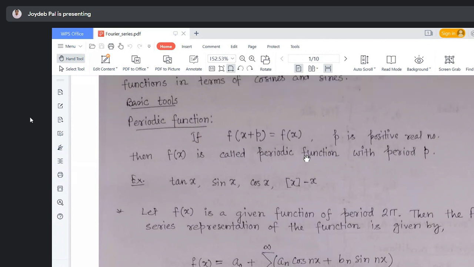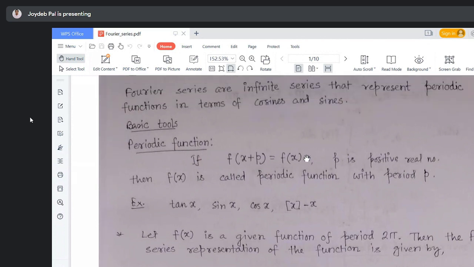Okay, I'm not going into details about the periodic function because earlier you have studied periodic function, when a function is called periodic and what is the period of a function, right? Do you remember or forgot periodic function?